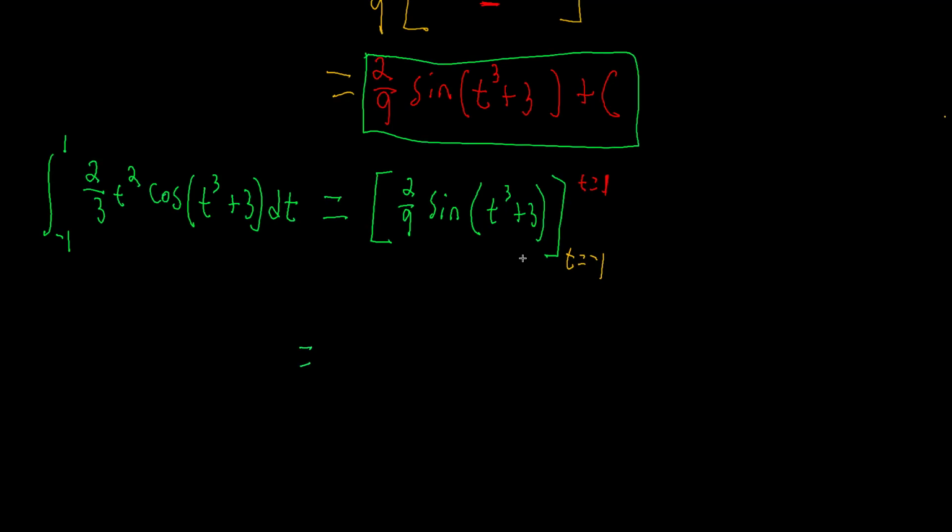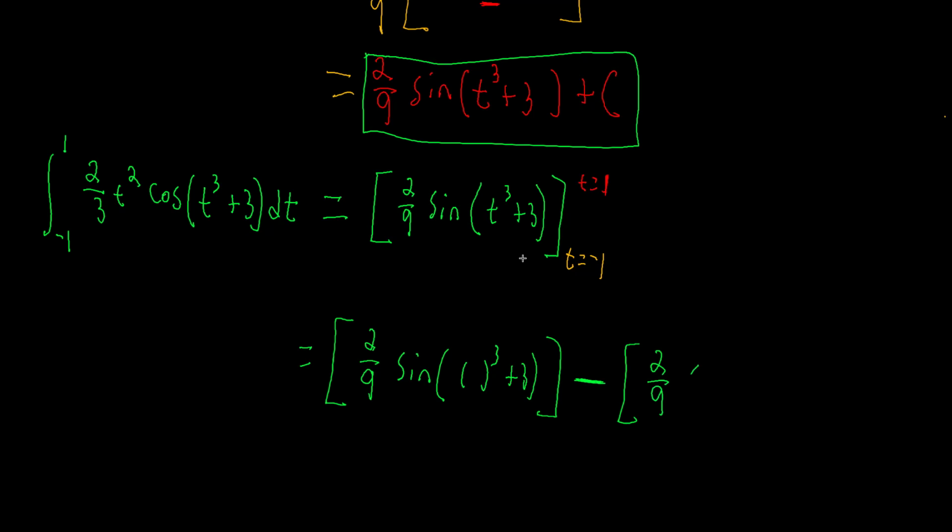This is just going to be 2/9 times the sine of something cubed plus 3 minus, this is literally what this notation means, 2/9 the sine of something cubed plus 3. Okay? That's all that this means.